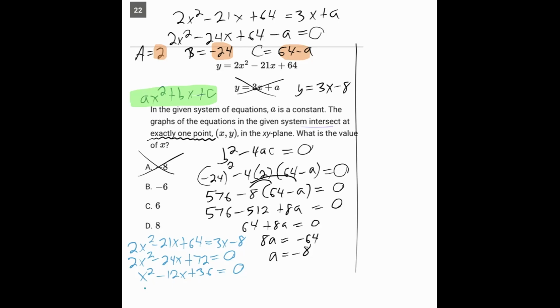What 2 numbers do that? x minus 6 and x minus 6. So we can write that as x minus 6 squared equals 0. Take the square root of both sides, and we'll get x minus 6 is 0. Add 6 to both sides, and you get x equals 6, which is answer choice C for this incredibly long question.